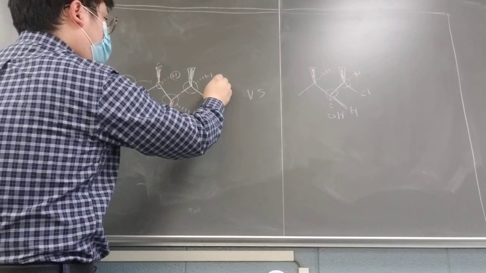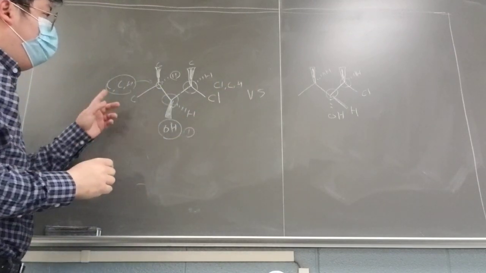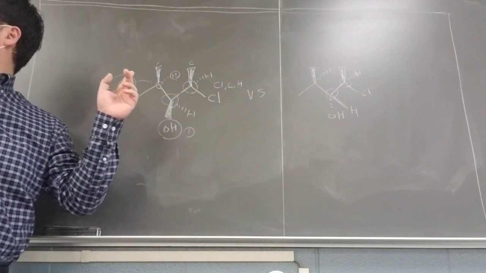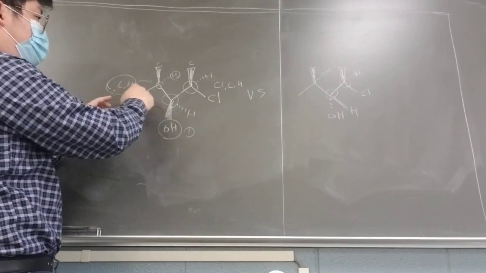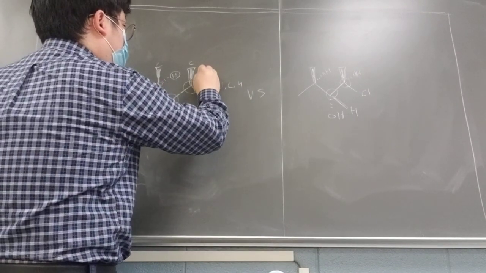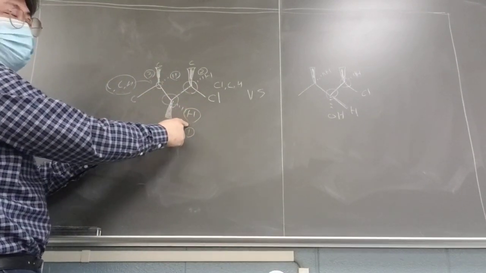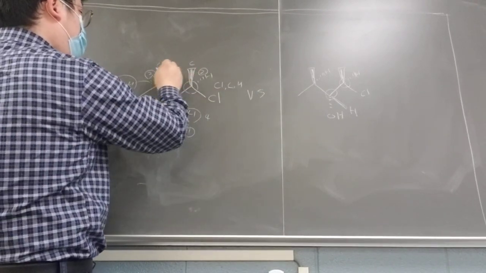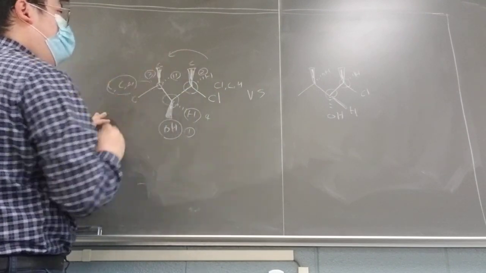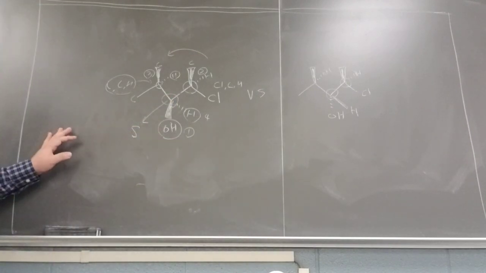This one has a chlorine, carbon, hydrogen. Okay, so which one is higher? You look at the periodic table. Chlorine, right? Because carbon, carbon, hydrogen. So there'll be 2 and 3. And luckily, once again, you have a hydrogen heading back, so you don't have to change anything. Just 1, 2, 3. So it'll be this way. This is S. Makes sense, right?